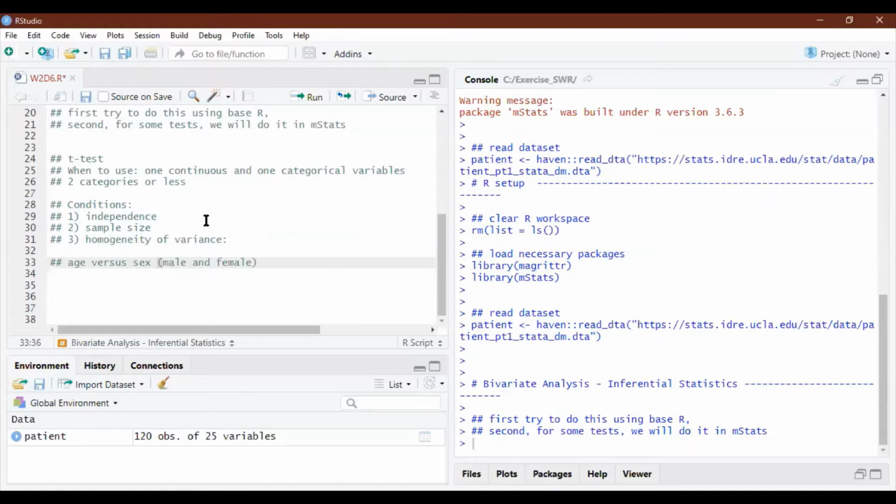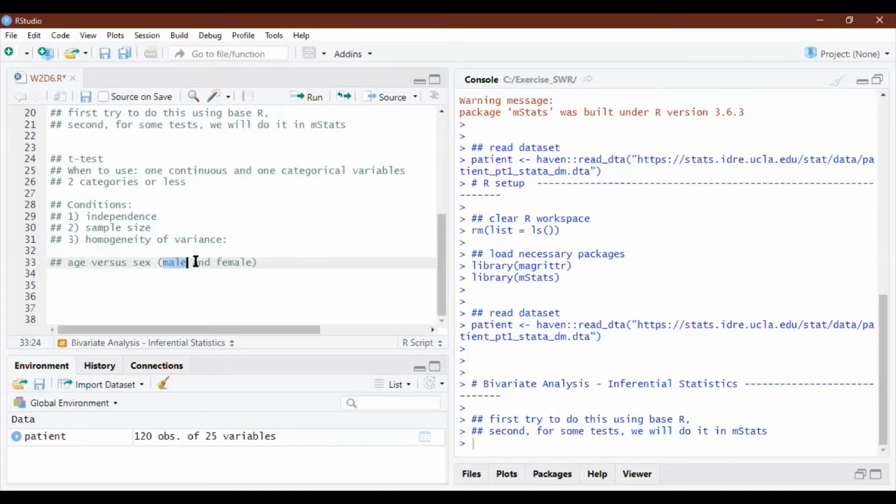And for each group, there are different means and different standard deviations. Standard deviation is another measure of the variance, and variance is another measure of the spread, which we haven't taught in descriptive statistics, but standard deviation is similar to variance. So consider there are two groups, and we want to compare two means.